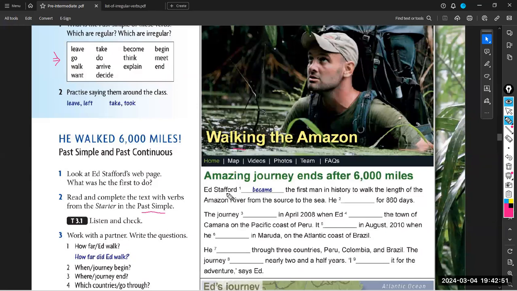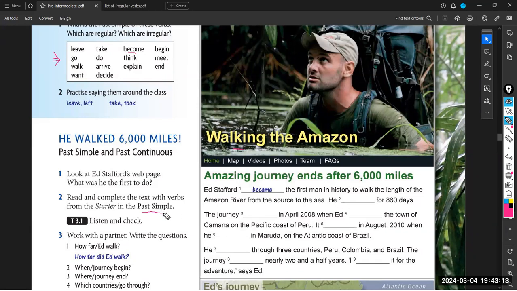So, Ed Stafford became in the past. This is became. The first man in history to walk the length of the Amazon River from the source to the sea. He walked for... guys, walked. He walked.